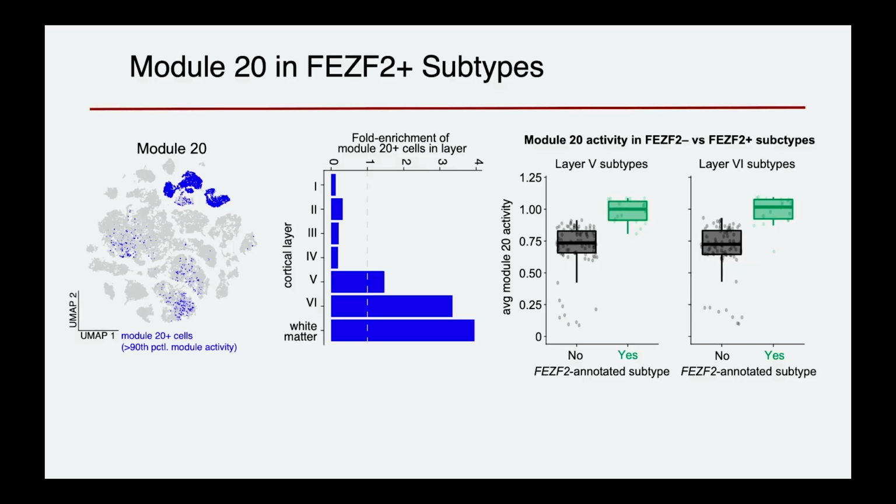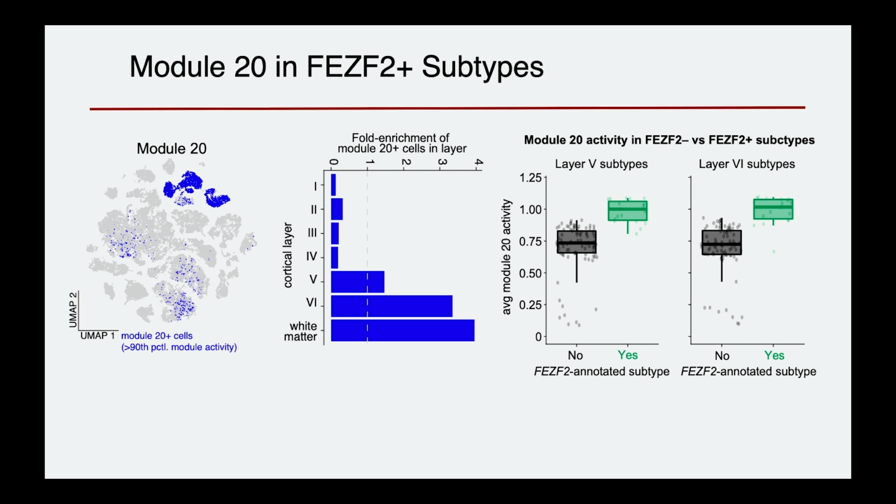When she looked at the distribution of this module in their data, she found a significant enrichment for module 20 in FESF2 positive subtypes. FESF2 is a transcription factor that is considered to be a terminal differentiation factor that defines a particular population of subcortical projecting neurons in the deep layers 5 and 6 of the brain.